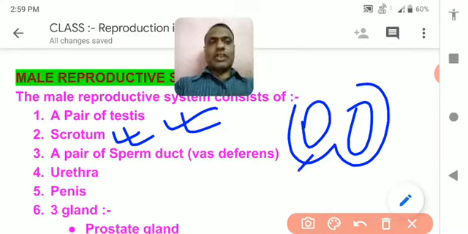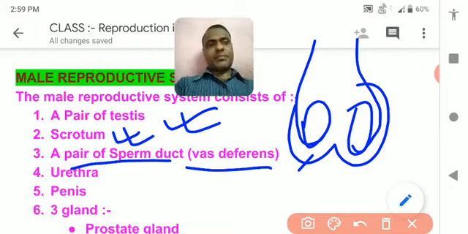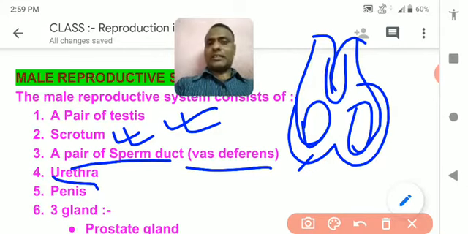So this bag is called scrotum. After that, a pair of sperm ducts, meaning the duct that comes out of the testes, is called the sperm duct. Another biological name of the sperm duct is vas deferens. Now the urethra: when these ducts together open into the penis, it is called the urethra.